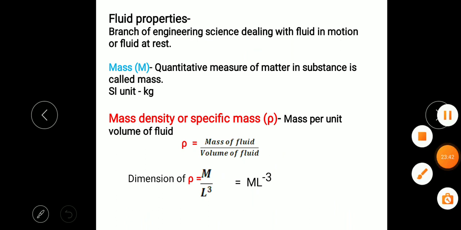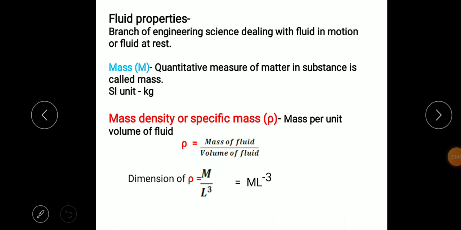Next we are considering fluid properties. These are important in the different applications studied under fluid mechanics. First is mass. Mass is the measure of matter in a substance, in kg or gram.